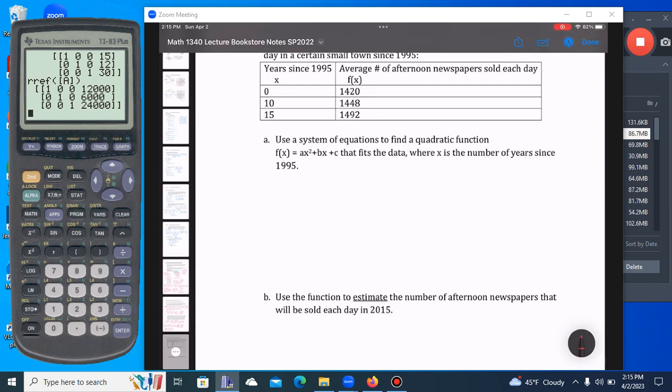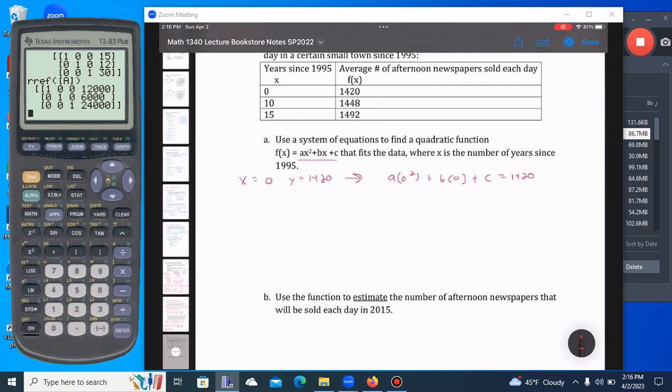For when x equals 0, y equals 1420, and so this means I have a times 0 squared, plus b times 0 plus c equals 1420. You can kind of see with these zeros, we're going to get c equals 1420.